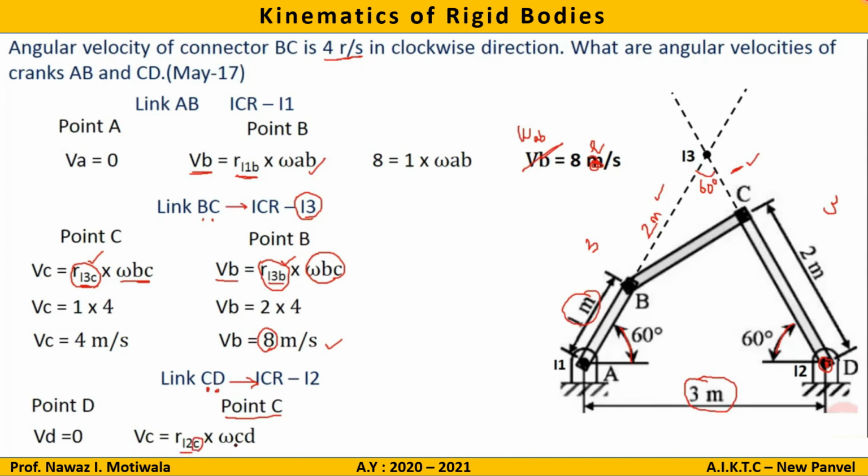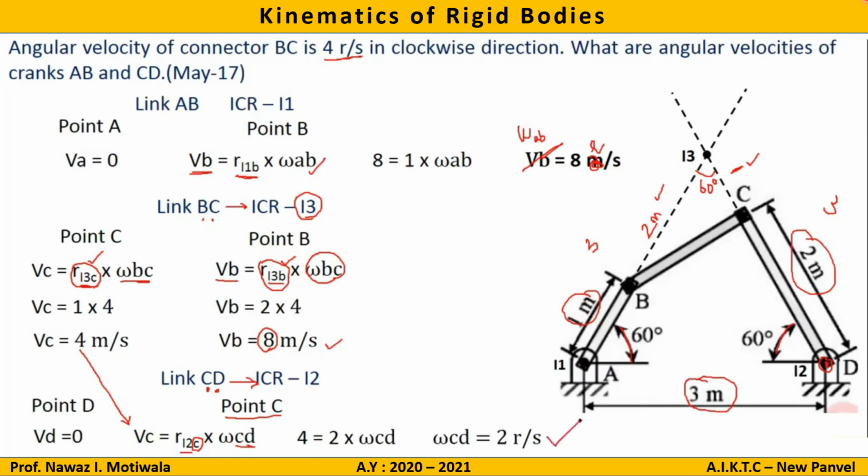So I2C multiplied by omega CD. I will just substitute the values. I know the value of I2C, directly given to us as 2 meters. VC is also known to us from the earlier step. So I will substitute VC and I2C to get the answer for omega CD as 2 radian per second.